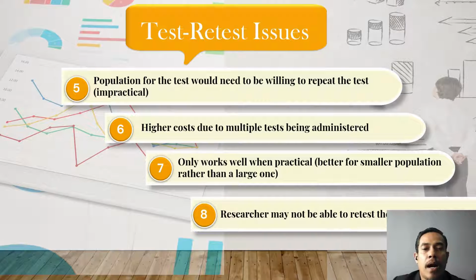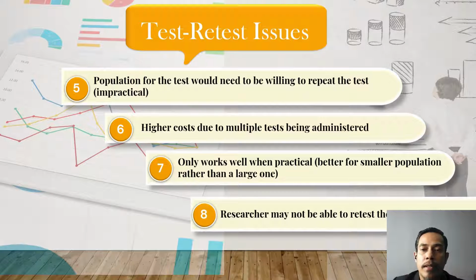Alright, the next: higher cost due to multiple tests being administered. This means when we conduct testing more than once, our cost will increase. Okay, the seventh, only works when practical. Better for a smaller population rather than a large one.